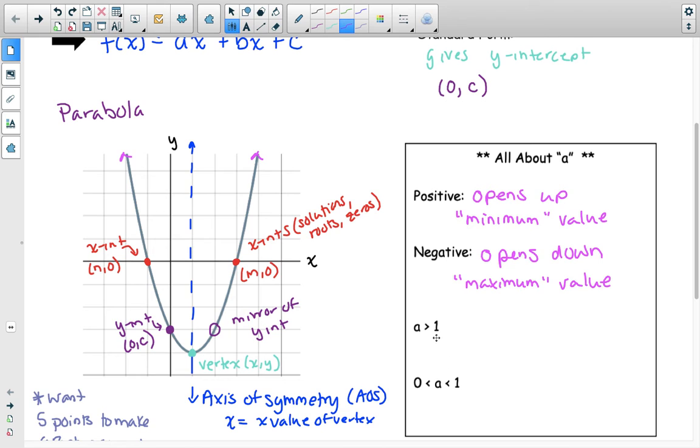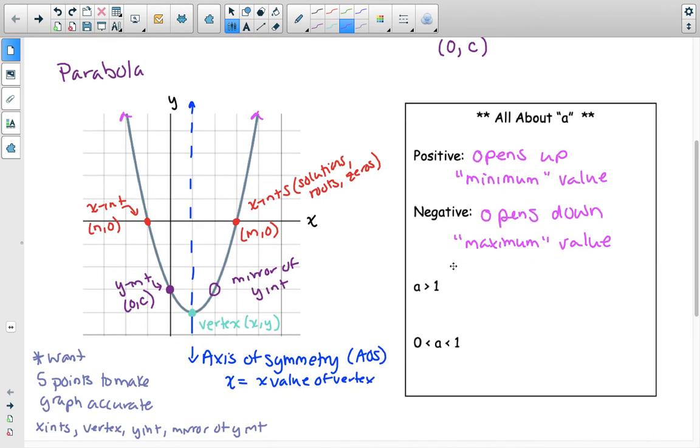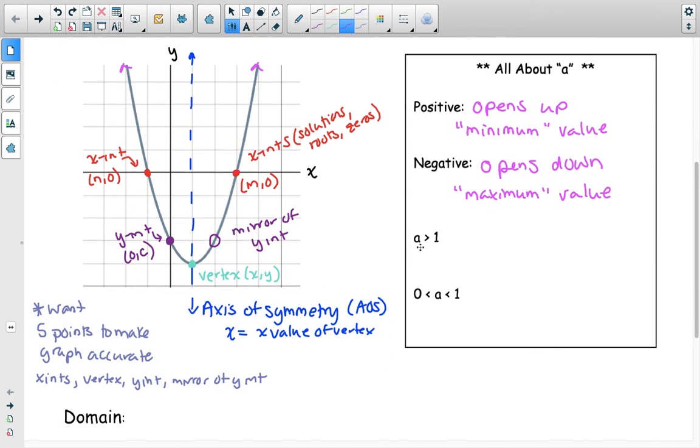Now, with positive and negative, we know it opens up or down. So what if the a value is just bigger than 1? So these are both talking about positives. It can either be bigger than 1 or it can be between 0 and 1. If we're looking at just the number itself, this will actually tell us how fast the y will change, because the x's are going to increase, but the y's will change either increasingly or decreasingly. So the y's will change faster or slower.